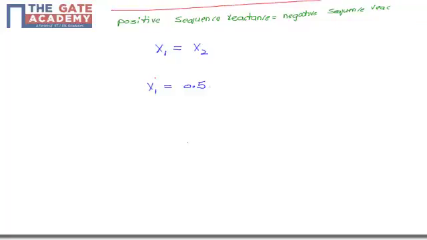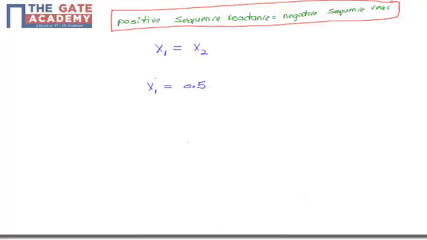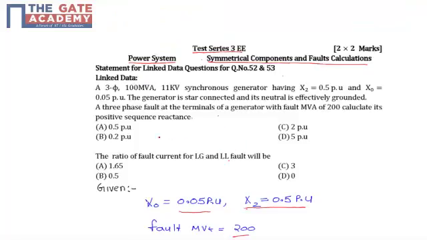So X1 is equal to X2, where X1 is the positive sequence reactance and X2 is the negative sequence reactance. The value of X2 is given as 0.5 pu, so the value of positive sequence reactance is 0.5 pu, which is option A.